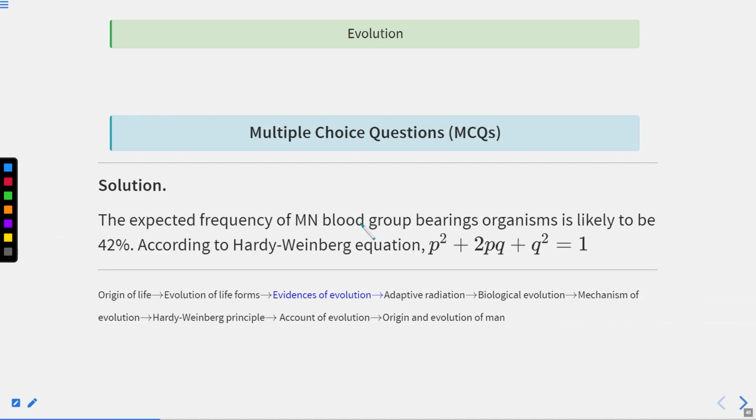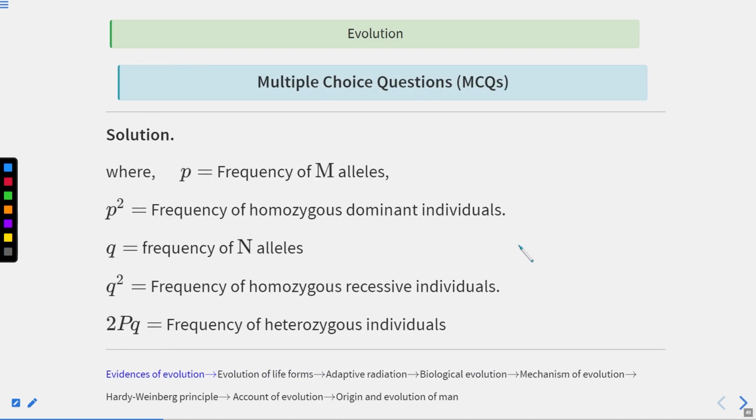So this question again is based on the Hardy-Weinberg equation. The expected frequency of MN blood group bearing organism is likely to be 42. Let's see how it is 42. So according to the Hardy-Weinberg equation, p square plus 2pq plus q square is always equal to 1.